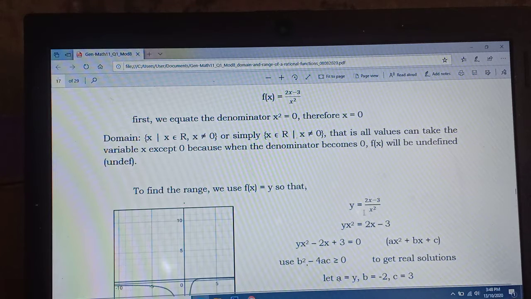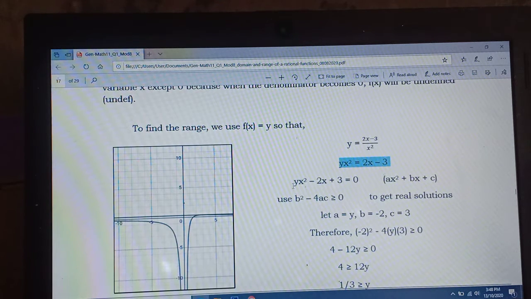Then cross multiply, we have yx squared is equal to 2x minus 3. As you can see here, this becomes just like a quadratic equation. Transposing, yx squared minus 2x plus 3 is equal to 0.